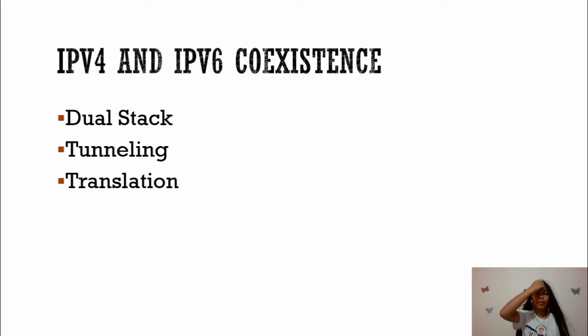So we have the IPv4 and IPv6 coexistence: the dual stack, the tunneling, and the translation. The dual stack allows IPv4 and IPv6 to coexist on the same network segment.